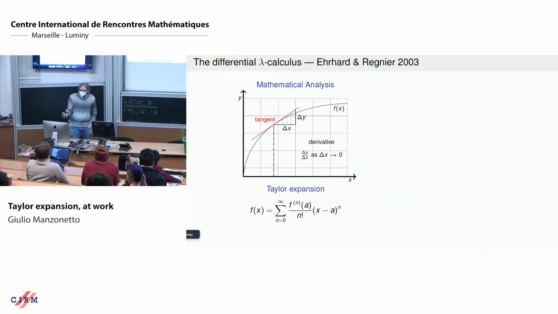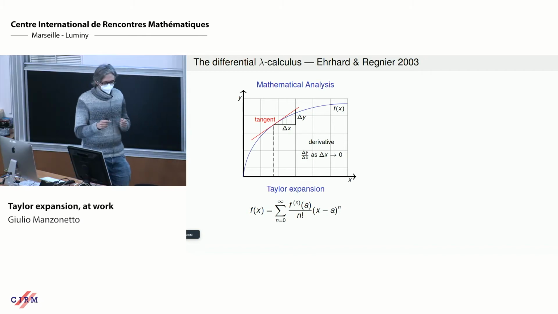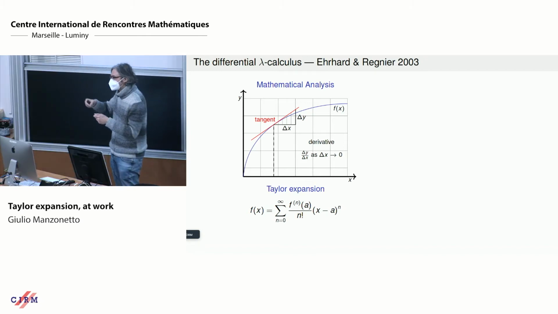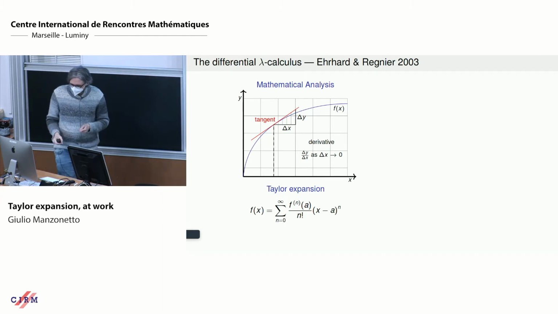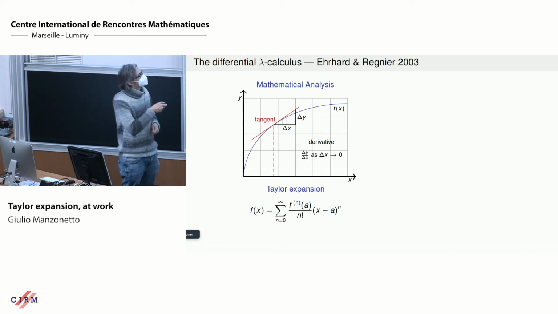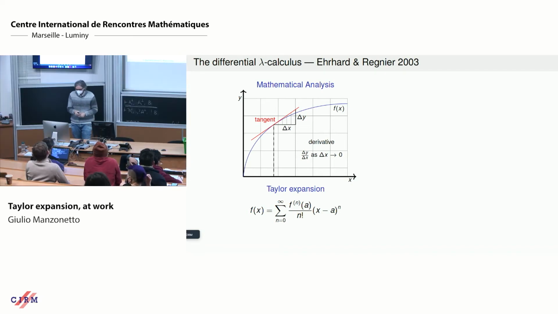And this is good news, because in mathematics, we use the derivative to infer properties of the original function. The derivative measures the rate of change of the output of the function as the input changes. And then in this context, you can use the Taylor expansion to compute the best linear approximation of a function.